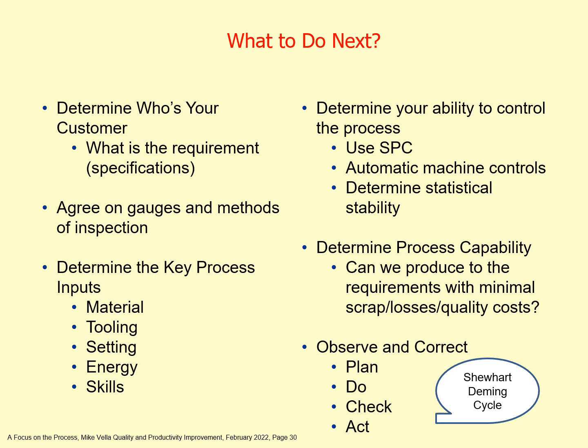Like in the matrix a few slides ago, it's possible to have a stable process but still not meet the customer specification. Use that Deming or Shewhart cycle. Plan, do, check, act. That's what this is all about. Plan your process, do it, check it, recheck it, and act.